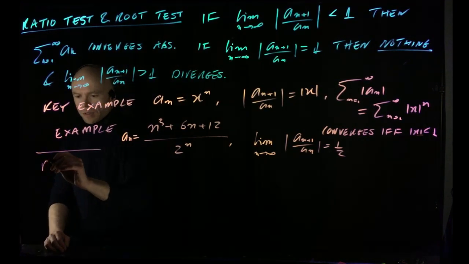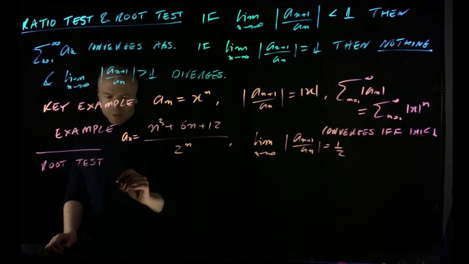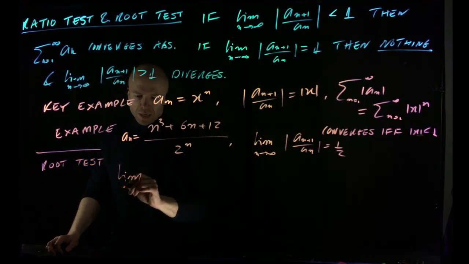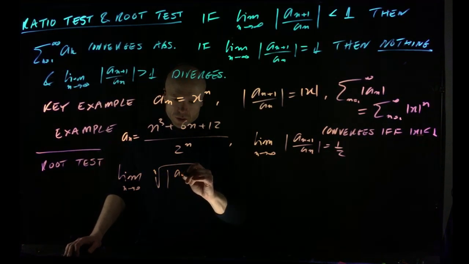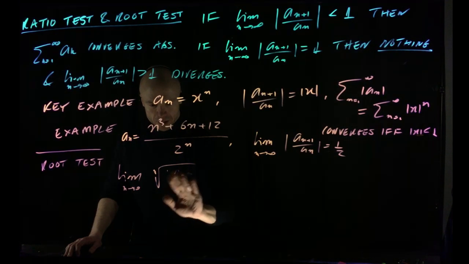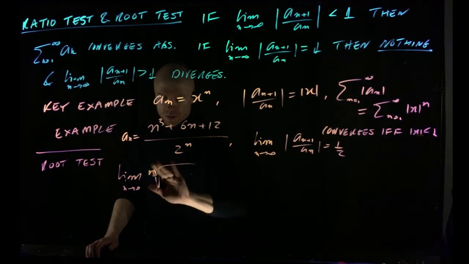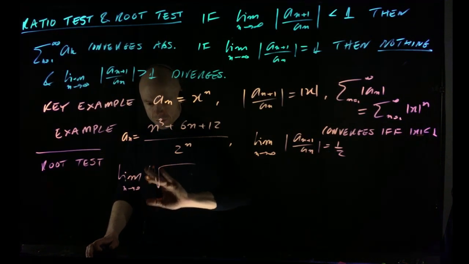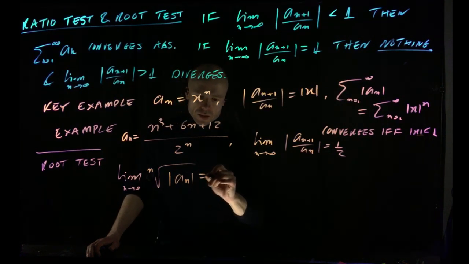The root test is doing something very similar, except it's a different way to determine this. In this case, we take the limit as n goes to infinity of the nth root of the absolute value of a_n, and that's our limit.